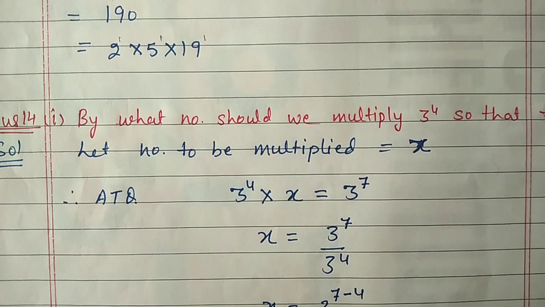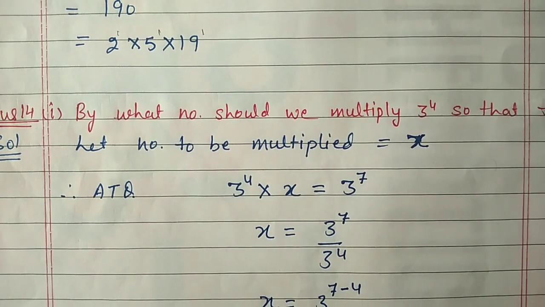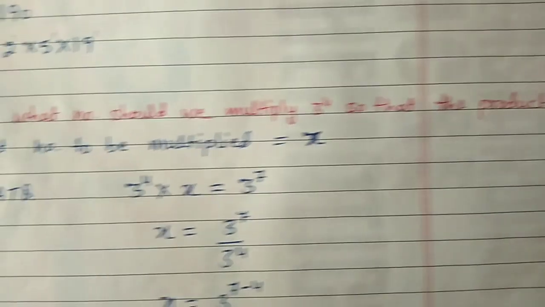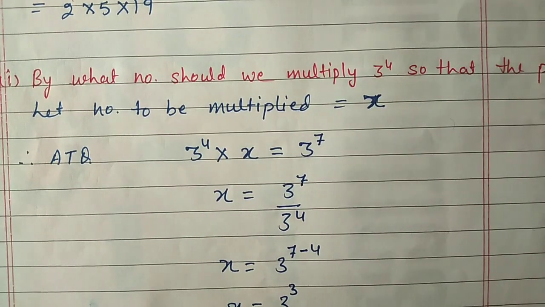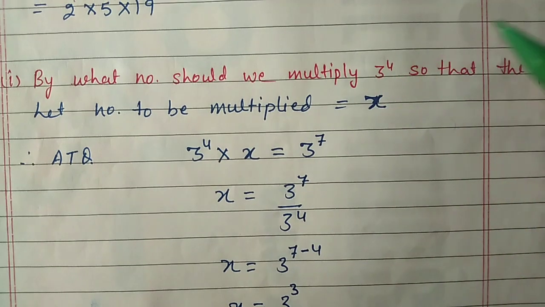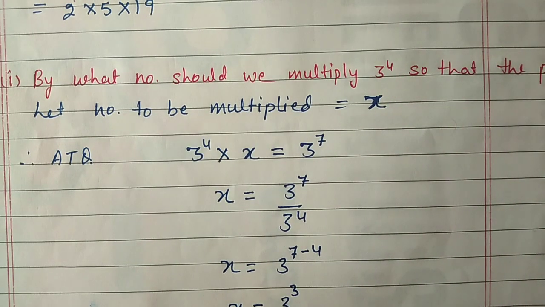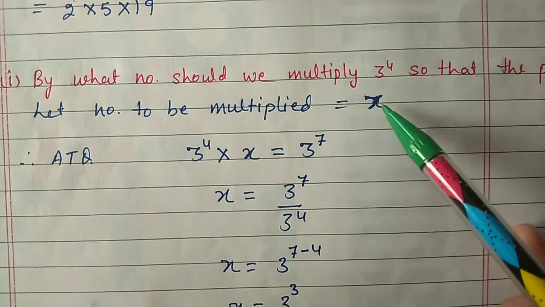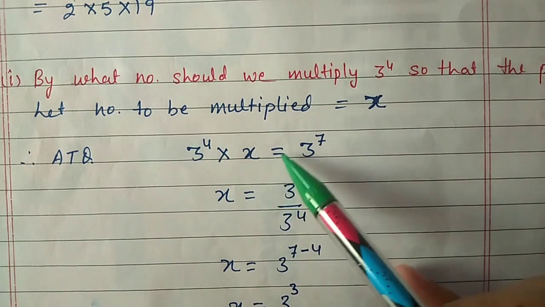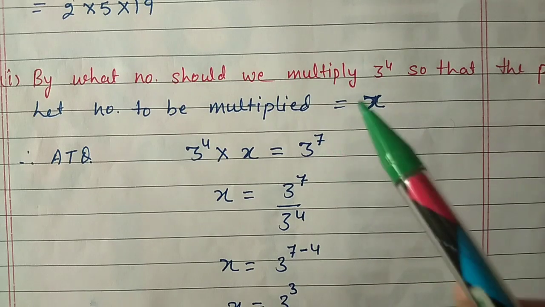By what number should we multiply 3 to the power 4 so that the product is 3 to the power 7? So here we have to multiply some number with 3 to the power 4 to get the answer 3 to the power 7. So we are multiplying x. So 3 to the power 4 multiply with x and the answer will come 3 to the power 7.